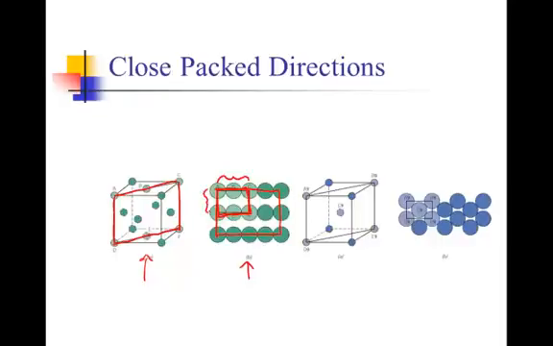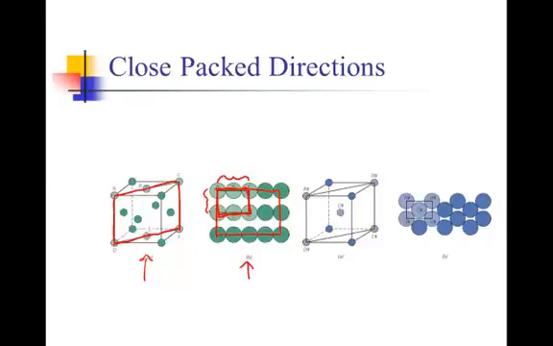It turns out that when atoms are touching each other along a direction, it's easier for the crystal to deform and the planes of atoms to slip past each other under mechanical force. And so that's going to control what we call the critical resolved shear stress that you'll learn about in the metal section of the course.